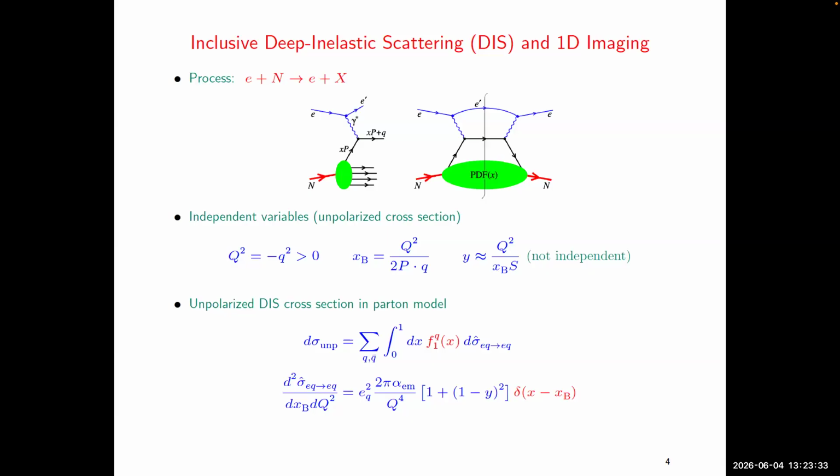The only thing I want to focus on here is this delta function, and that is pretty remarkable, which tells you that this momentum fraction x of this quark, which is seen by the virtual photon, agrees with x_Bjorken. This is a highly non-trivial result. We keep in mind that no one has ever seen a quark in a detector.